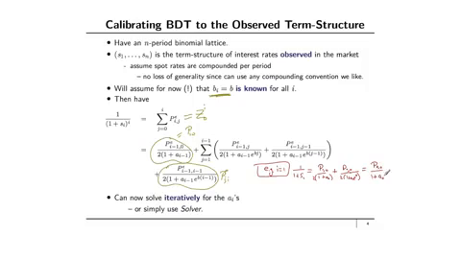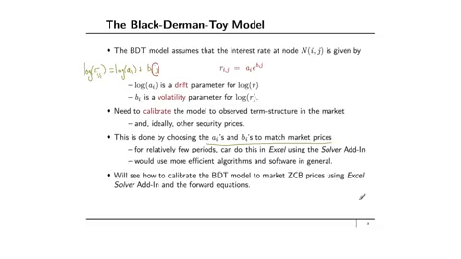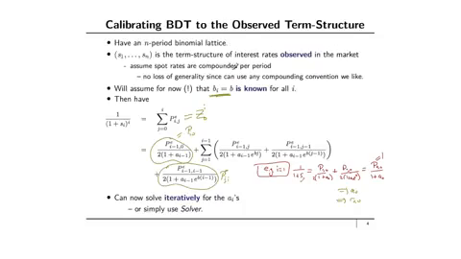So, in fact, we know that P_00 equals 1. We will know S_1 from the marketplace. And so this will give us A_0. Given A_0, this will then give us R_00, which we can see from over here. Remember, the B's are assumed to be known and fixed. So if we know A_0, we're going to know R_00.